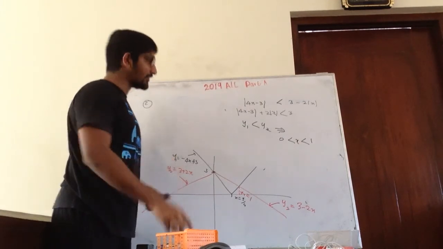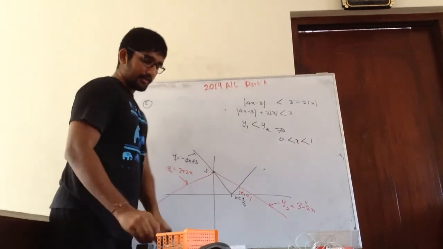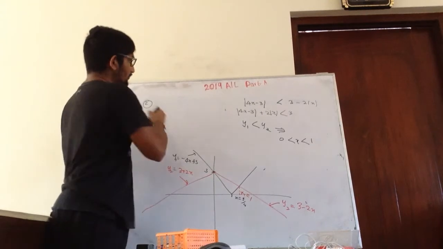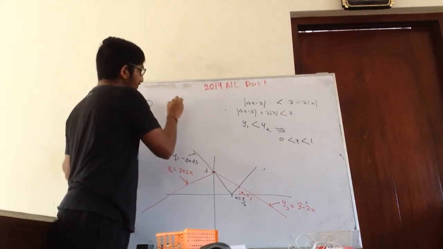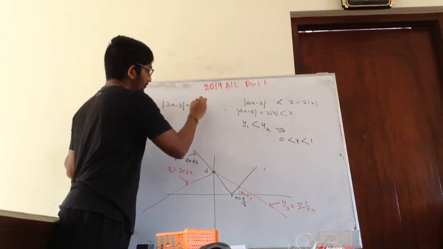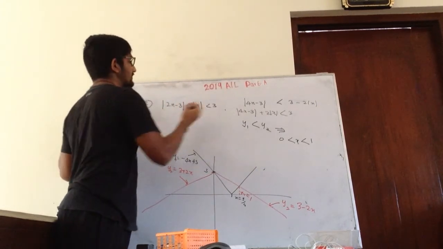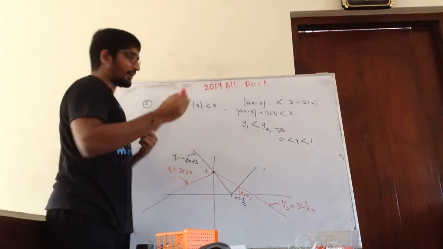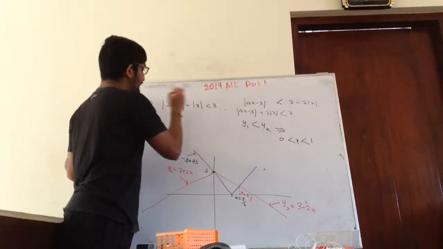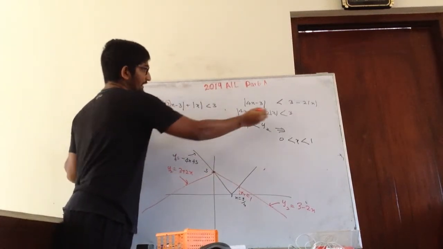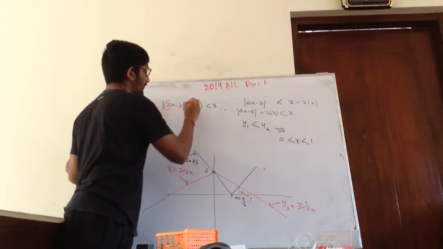What they are asking is 2x minus 3 plus modulus x. So now here what has happened is, this 4 has become 2, this 2 has become 1.